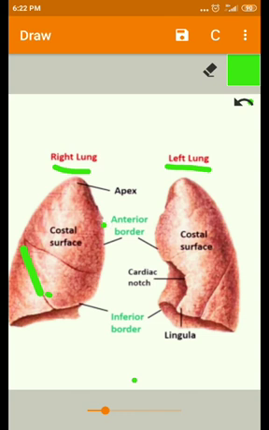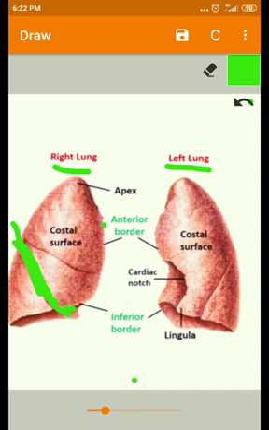The remaining part of the lung is divided by this oblique fissure, except at the hilum. This fissure passes obliquely downwards and forwards.